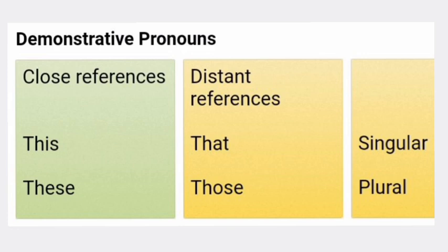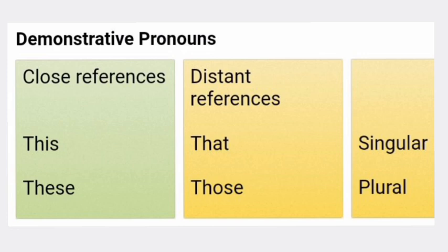In the case like you have this man, or this teacher, or this house, or anything like that. And then of course when you have singular distant reference, you can have that house, that man, or that teacher.